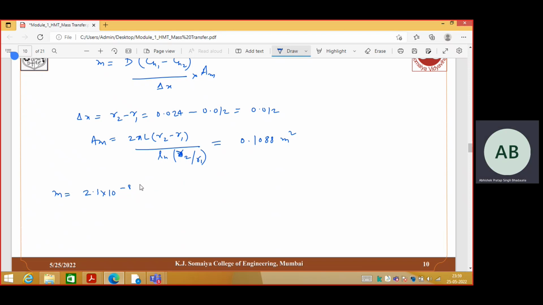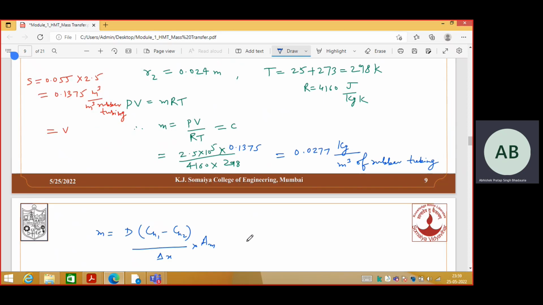CH1 we have already calculated: it is 0.0277 kg per meter cube of rubber tubing at the inner surface of this pipe.